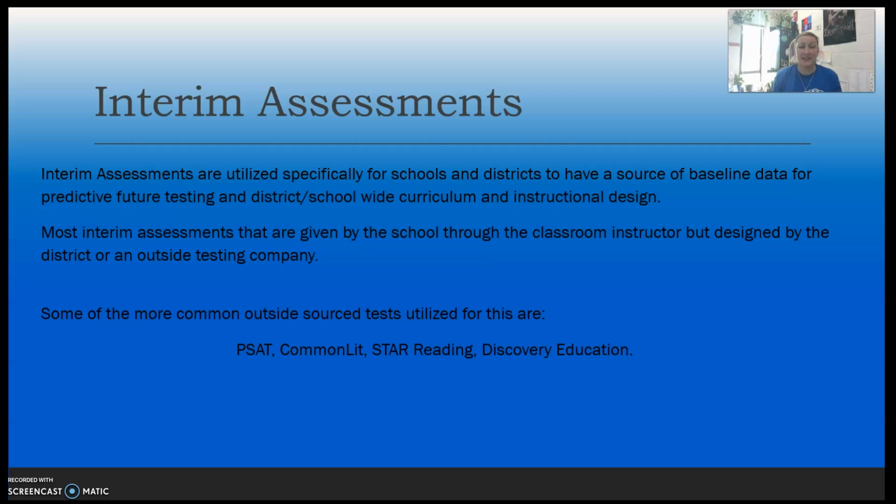They need this data. They need to be able to check in and say, okay, this is what we need to do so that they can better support you through professional development experiences, curriculum experiences, guides, mini lessons, things like that. So interim assessments are also good as well. They give the school a way to check in and see where things are going.